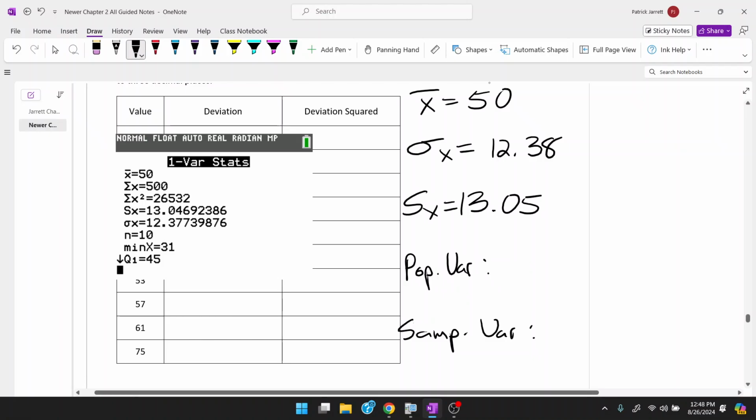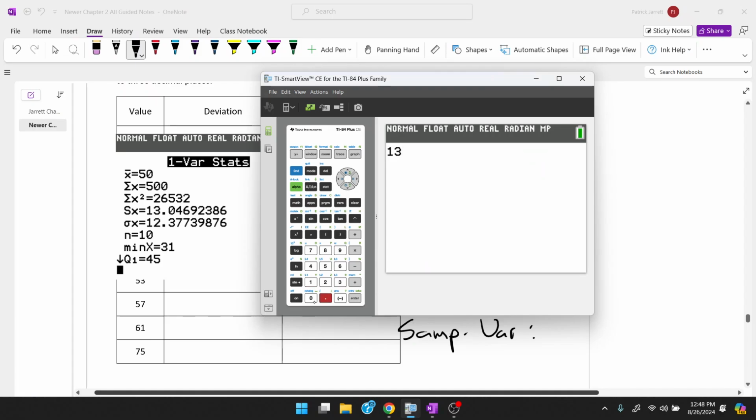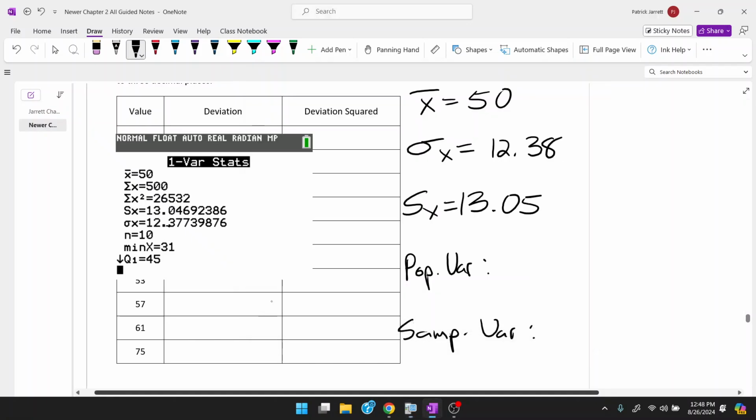Now, in order for us to find the population and sample variances, what do we do with the standard deviations? Square them. So you could do 13.04692386 squared and get 170.222.